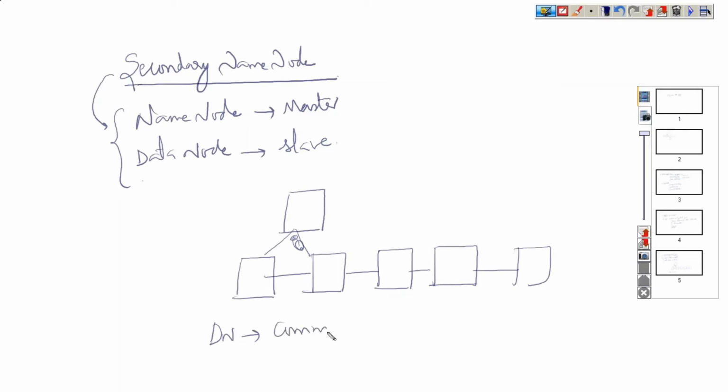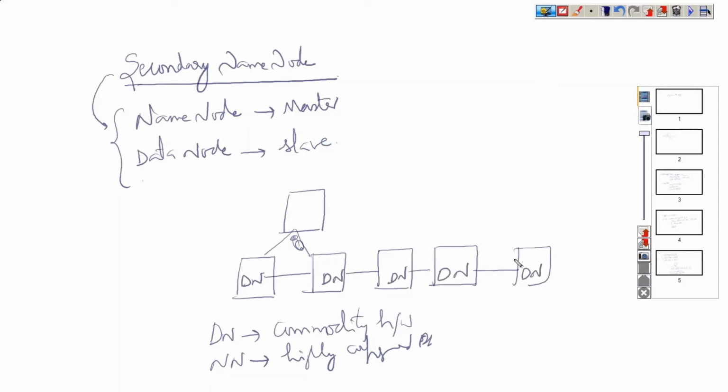Data nodes will be commodity hardware, but the NameNode will need a high-level configuration, highly configured hardware. Let us assume we have 5 slave nodes and one master node, which we call the NameNode.